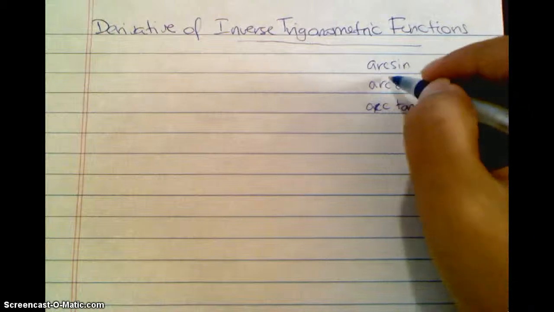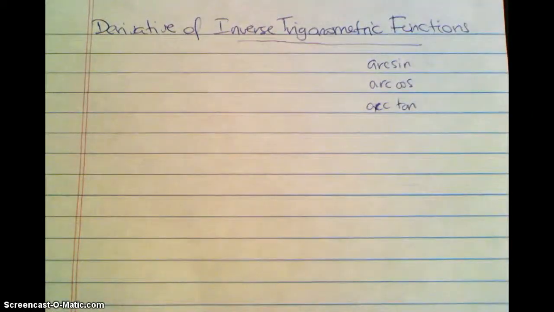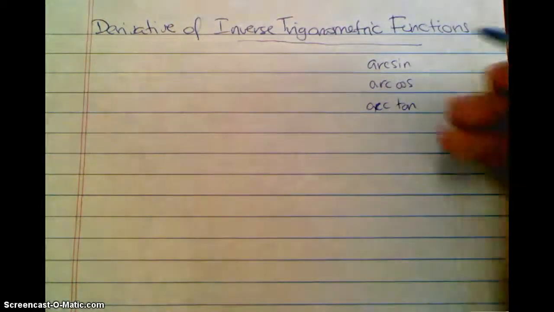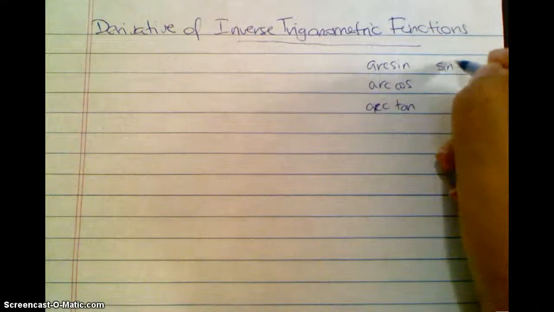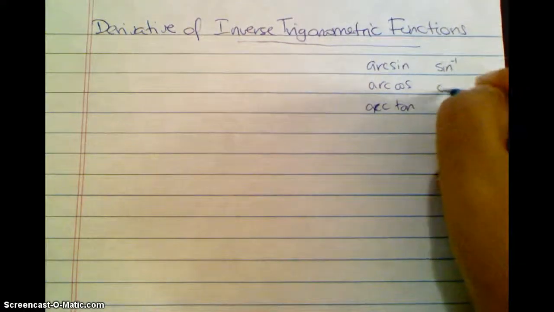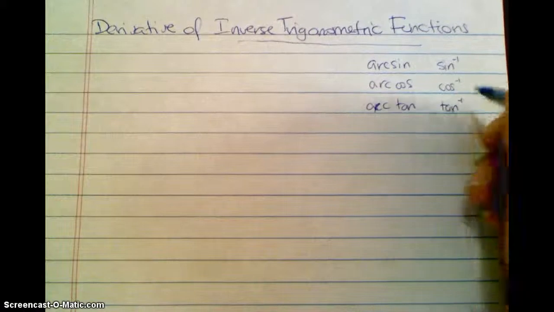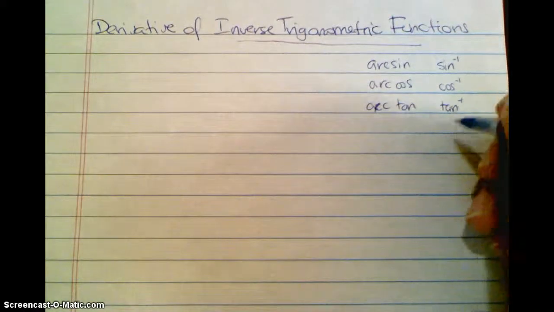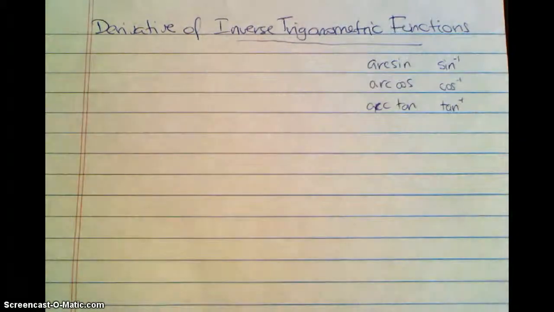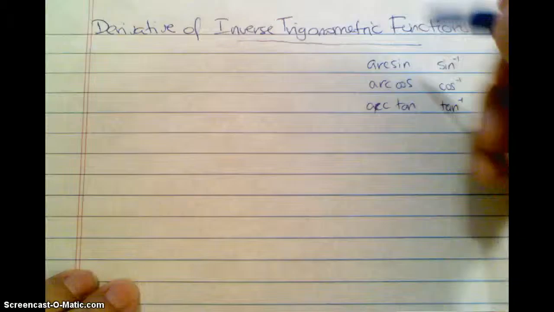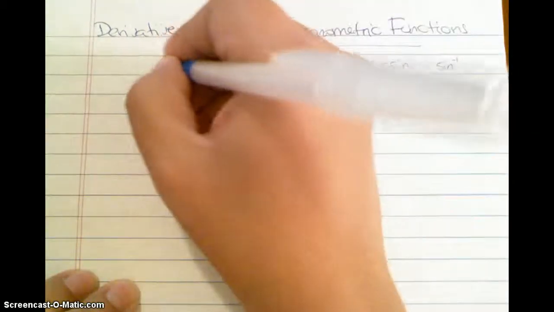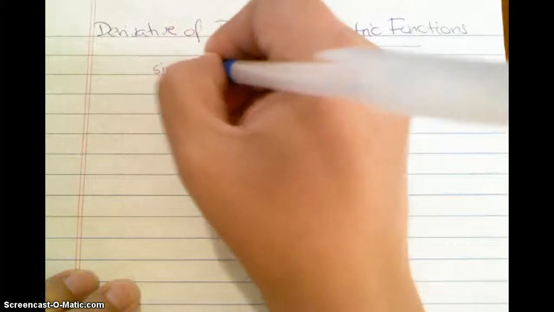The notation, you can see the word arc in front of the functions, or you can say the inverse of sine, inverse of cosine, the inverse of tangent, and just remember that this is not reciprocal. This just means inverse. Okay, so because it's an inverse, you know that the sine of y is x.